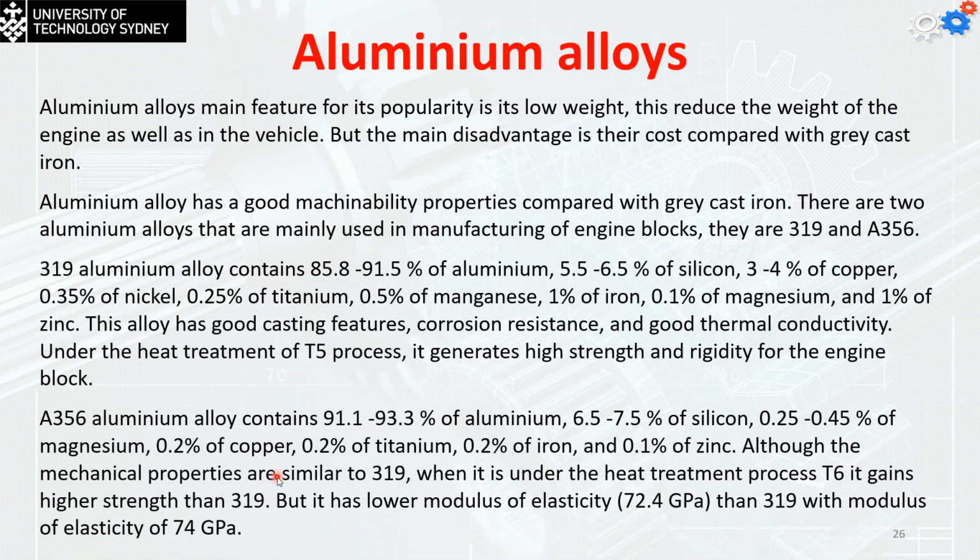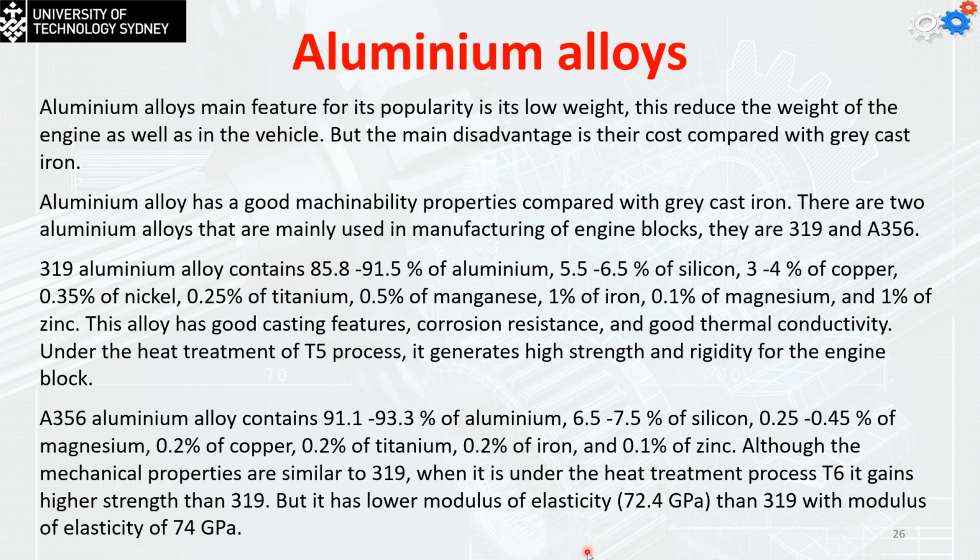The A356 contains 91% to 93% of aluminum. So you can see it's going to be less. The silicon percentage will be increasing. The copper is going to be less. The magnesium is going to be increasing, and the other ones are almost going to be the same amount.